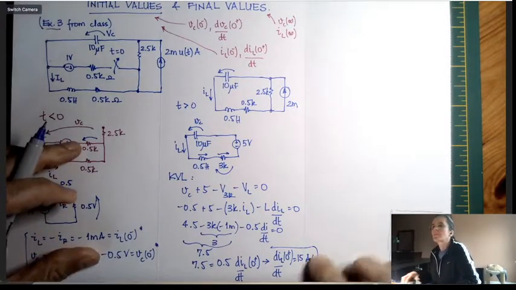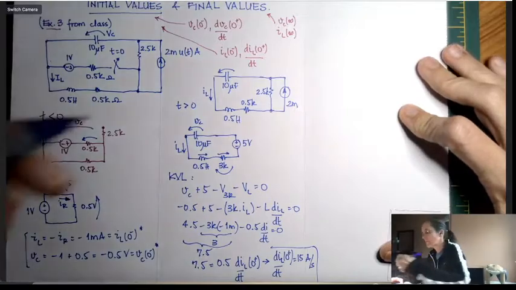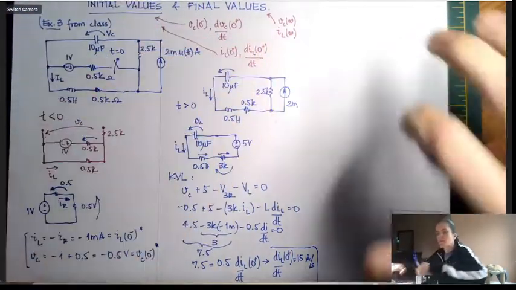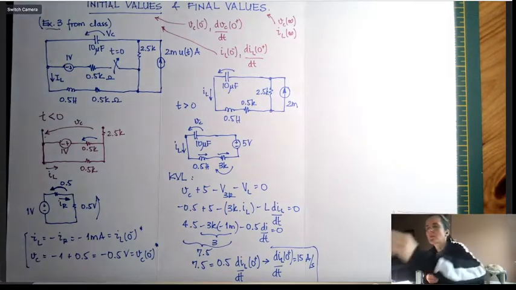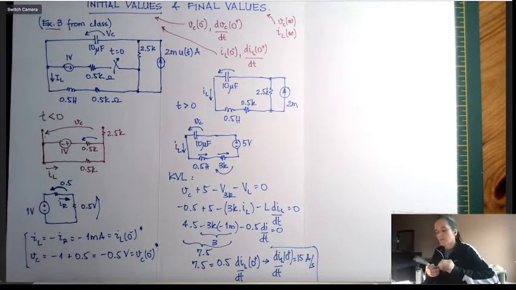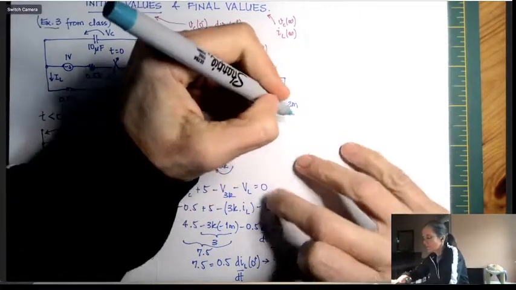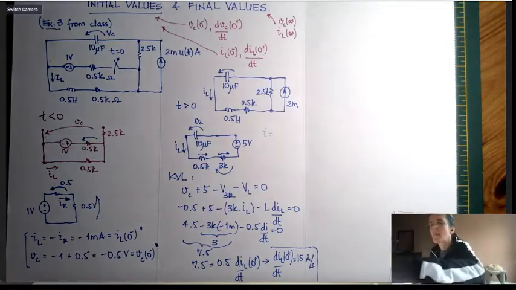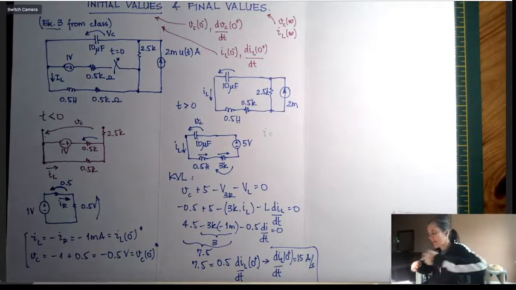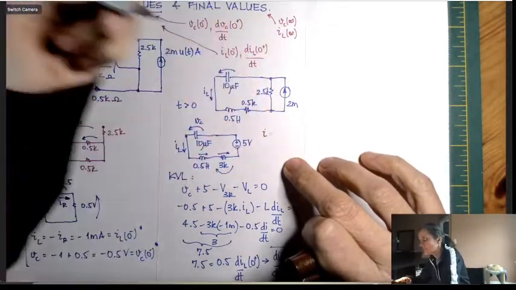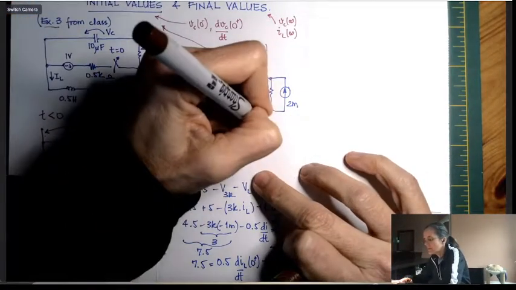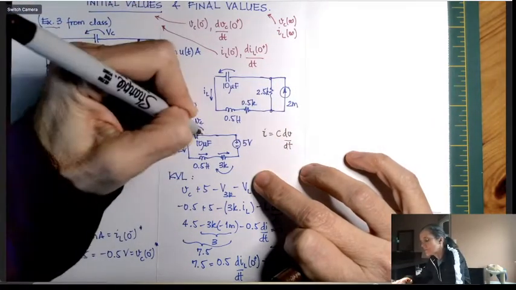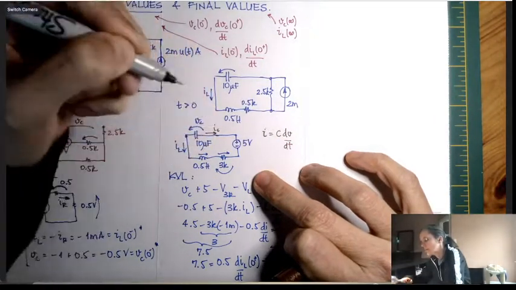VC at 0, dVC/dt at 0, and that for a series circuit is the easiest part. Let me change colors. Oh my gosh, that's not a good color, is it? This current through the circuit is C dV/dt. Actually, the current through the capacitor is this way, IC.